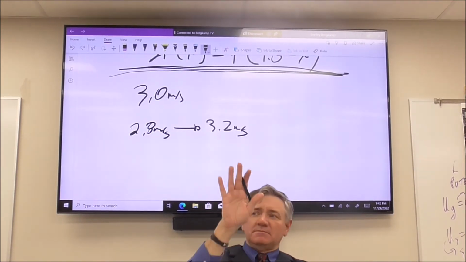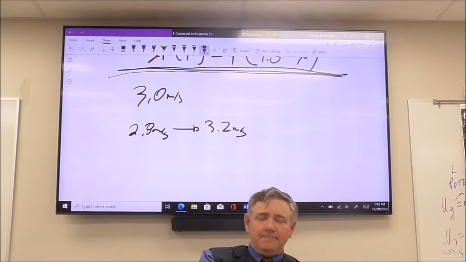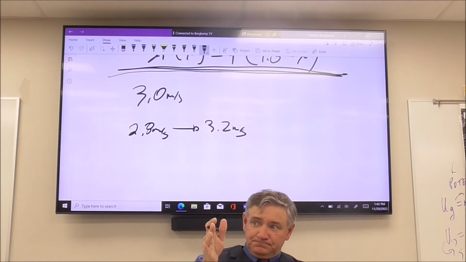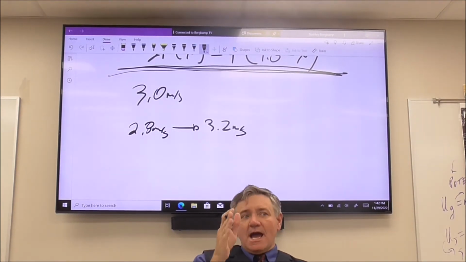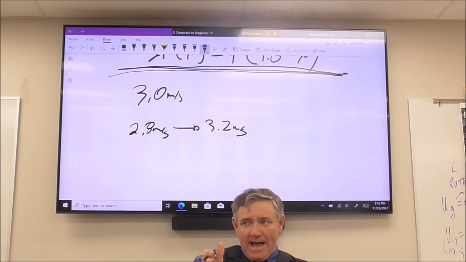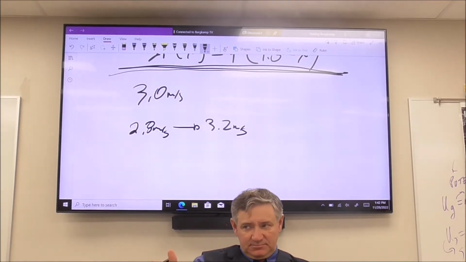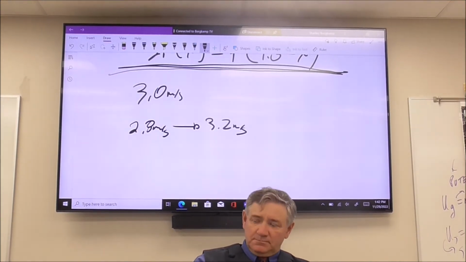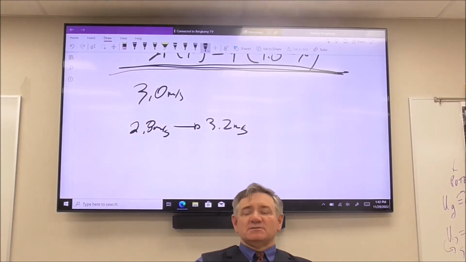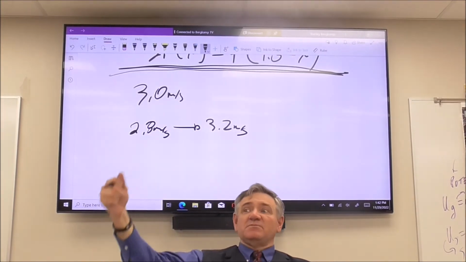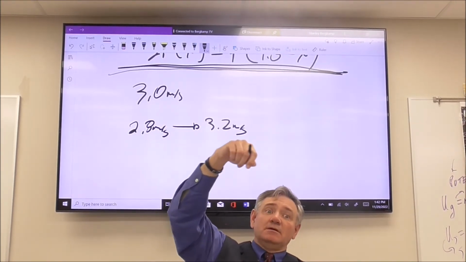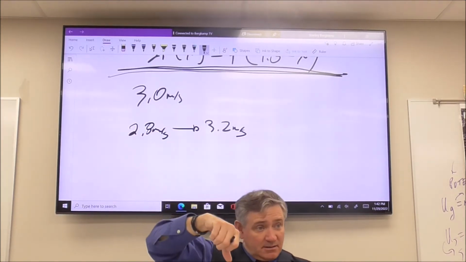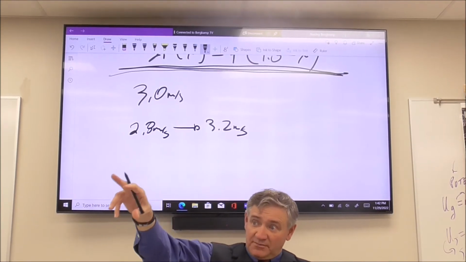The beauty of this problem is that it's also a momentum problem. What's going to happen to the mass after the collision? How much is that mass going to increase by? Jackson? It's going to double, because they're the same. So we double the mass, which means the velocity has to be half as much, which means this could not be a perfectly elastic collision because they move off together.